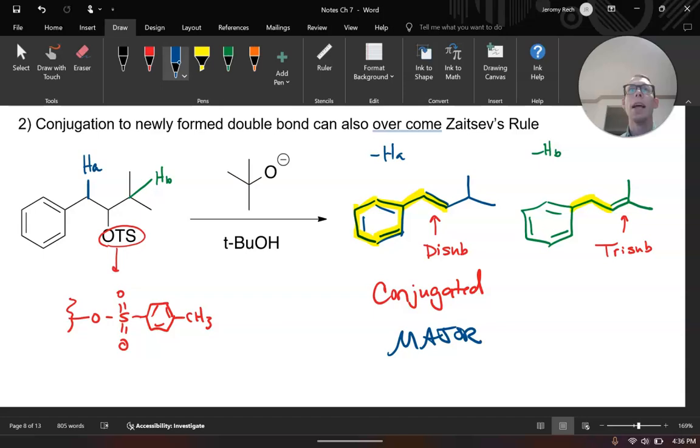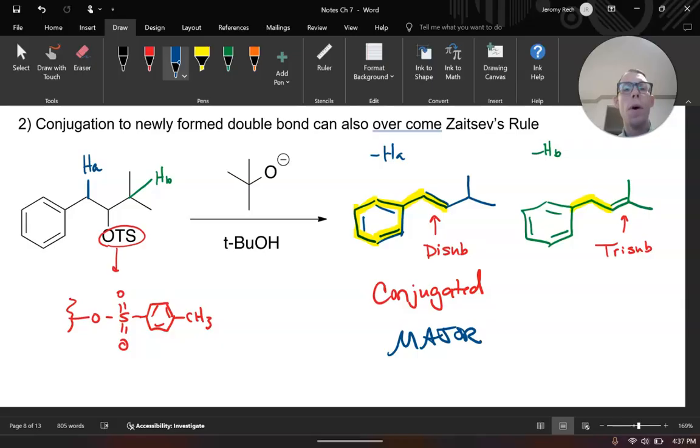And that will actually make the less substituted double bond. And if you can build up conjugation, that is going to be favored regardless of your substitution. So those are 3 checks to the overarching theme of your Zaitsev. That's going to be something that's super unique in your E2.